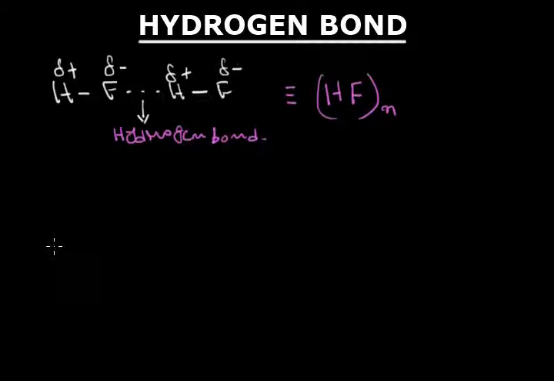So when an electronegative atom is linked with hydrogen by a covalent bond, this electronegative atom forms a weak electrostatic attraction with hydrogen of the same molecule or different molecules, and this unique electrostatic attraction between electronegative atom and hydrogen is called hydrogen bond.